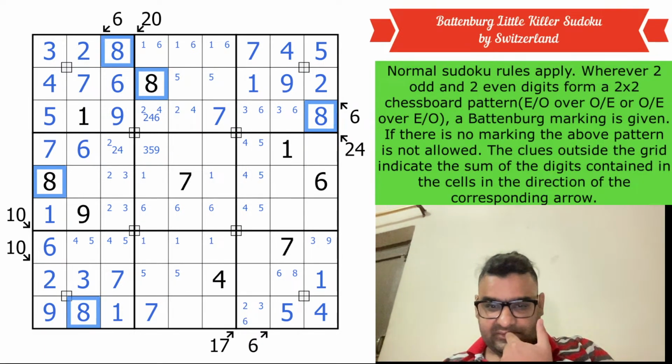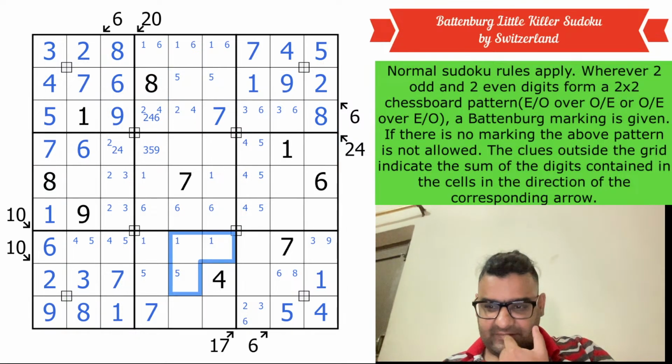What about eight? If we go there, eight cannot be in these two, it cannot be in these two. Eight can be in these three. This all cannot have eight. This cannot have an eight. Eight can be in any of these.